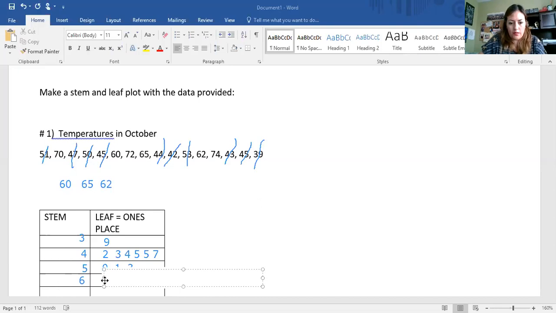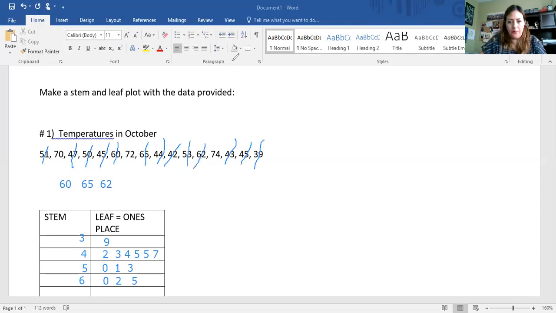Now I'm going to put a 0 for the 60, then a 2 for the 62, and a 5 for the 65. So see, I can delete those numbers already. So I'm done with the 60, I'm done with the 65, and I'm done with the 62, yay.